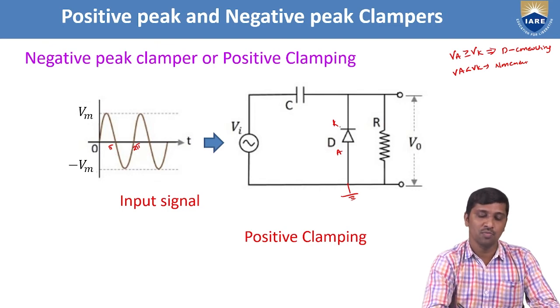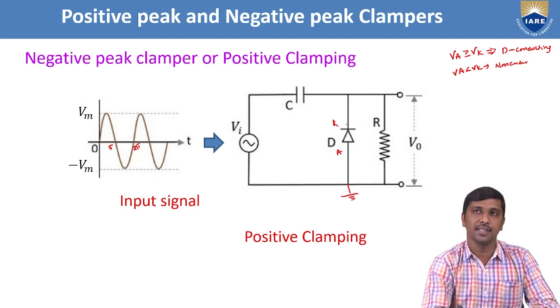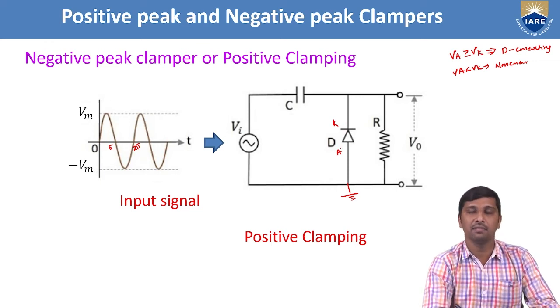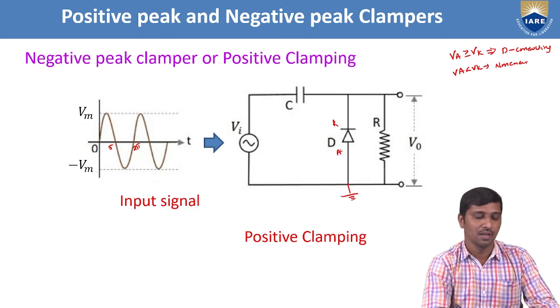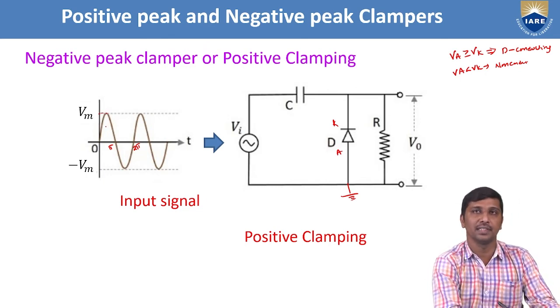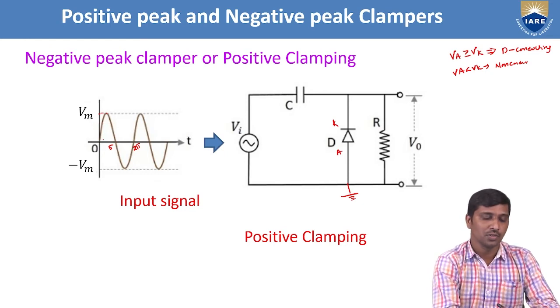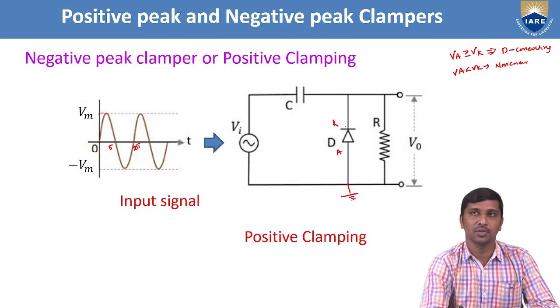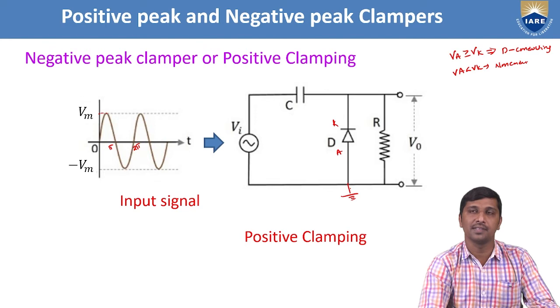What happens here is that a more positive voltage is passing through the cathode of the diode compared with the anode signal. Why? Because it is represented here as the positive Vm voltage, or peak voltage. Whenever the input signal is in the positive direction, that positive peak is passing through the cathode of the diode, but the anode is connected to ground, that is 0.